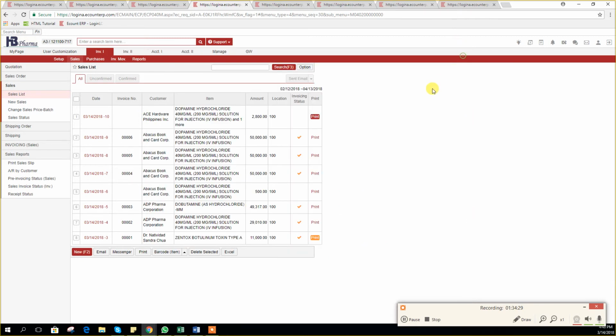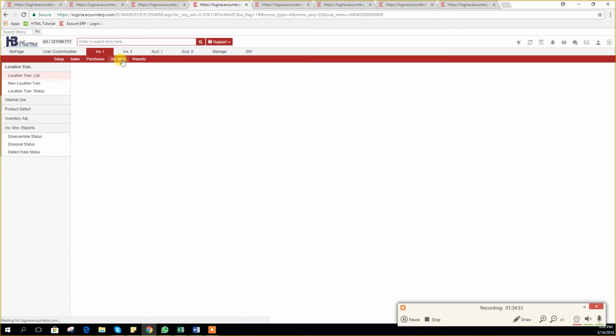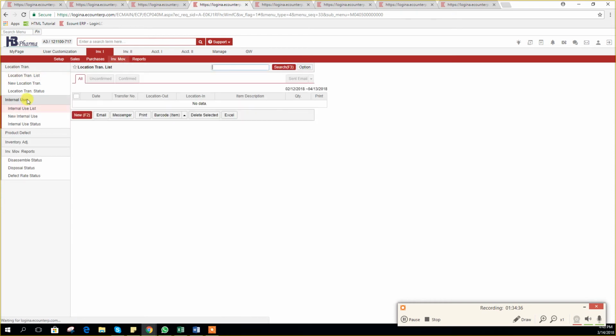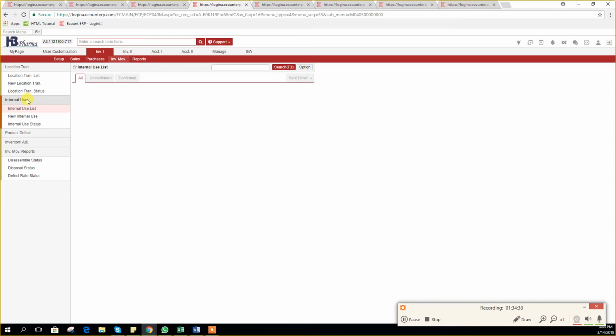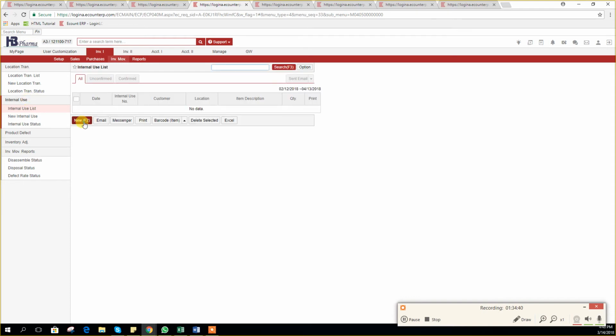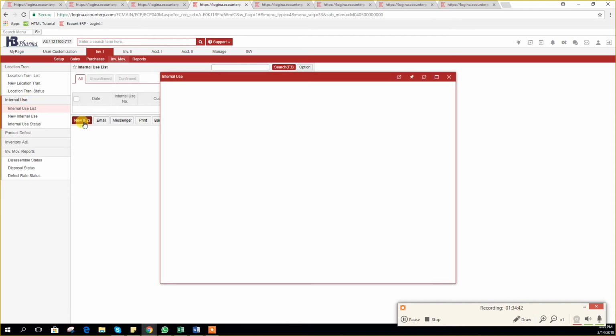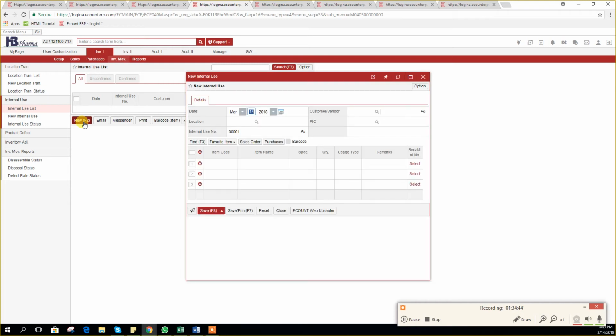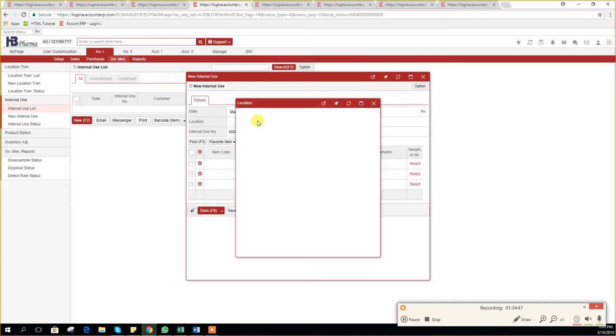If you were to give a sample, then you need to use this internal use, because a sample has nothing to do with the invoice, right? Yes. So internal use is going to deduct the inventory.